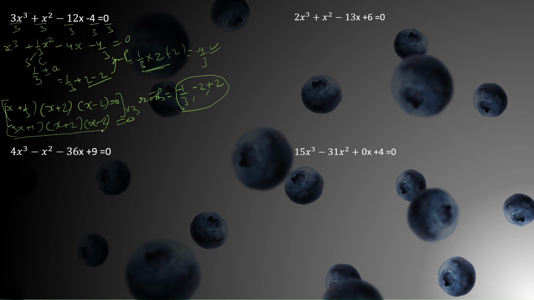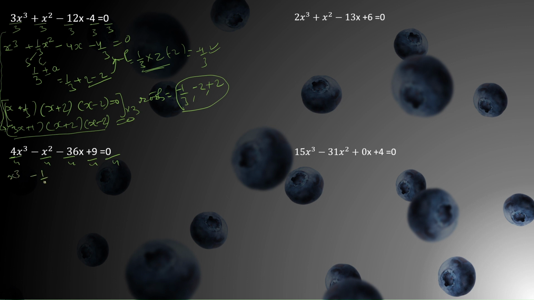Now it will become 3x plus 1, x plus 2 and x minus 2 is equal to 0. So this is the factor form. This complete polynomial is broken down into 3 factors. So now let's start with another one.